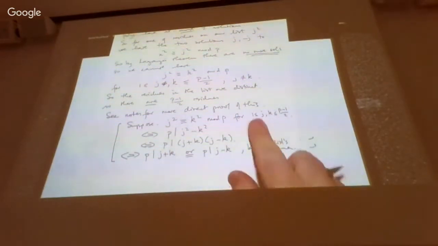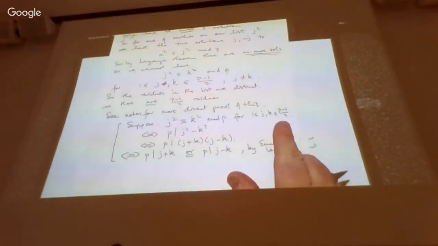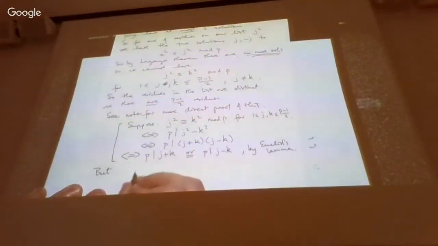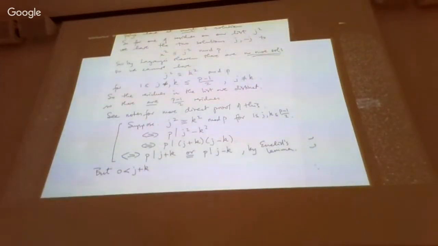But now look at where j and k are. What can we say about the sum j plus k? J plus k is certainly strictly bigger than 0 as an integer. How big can it be?